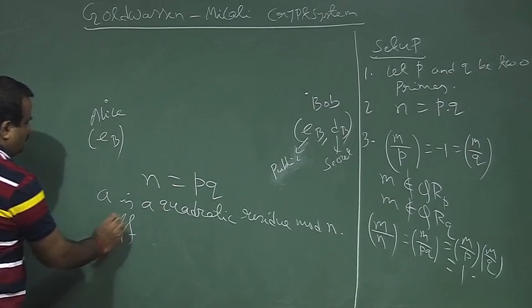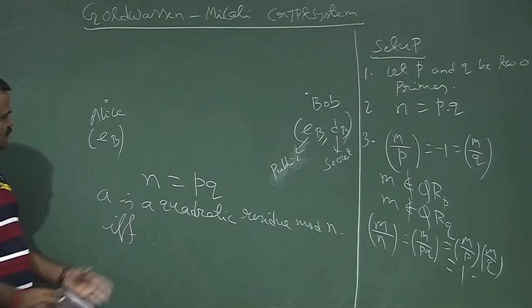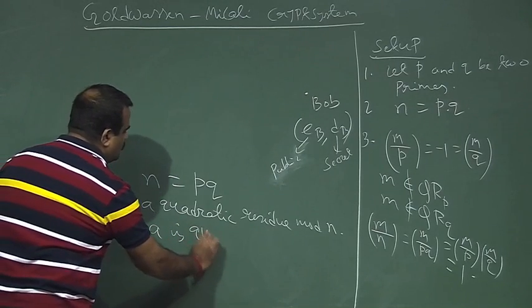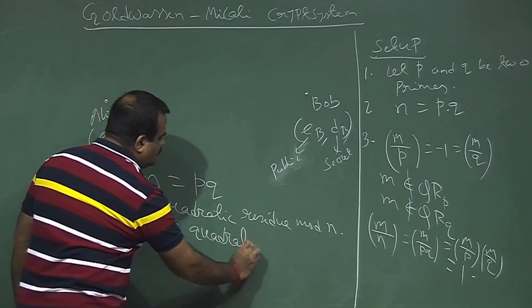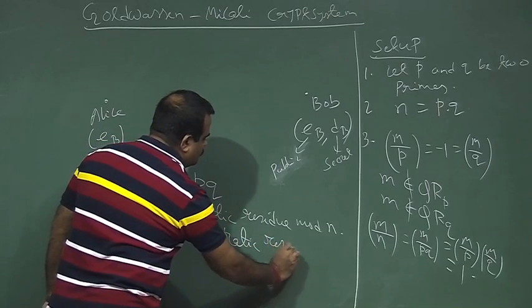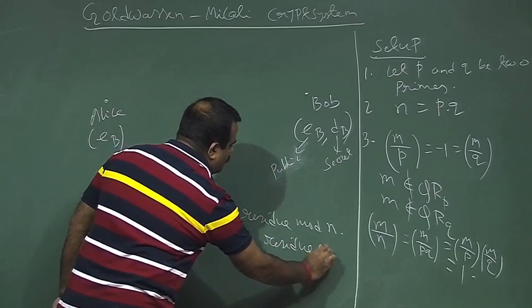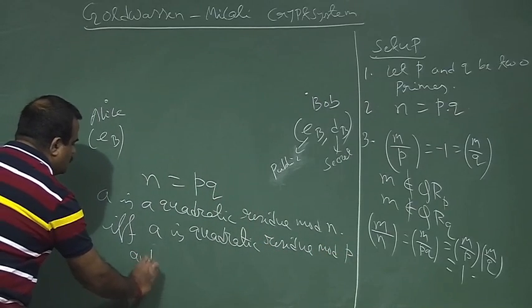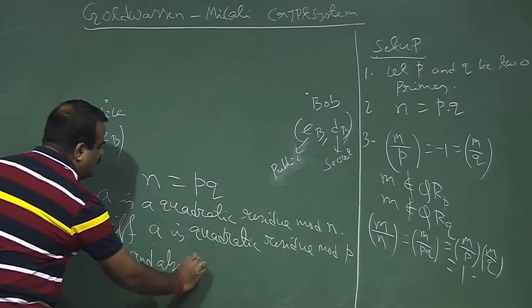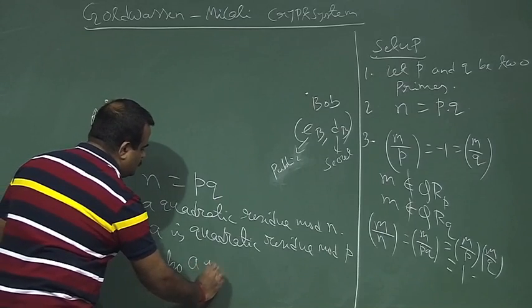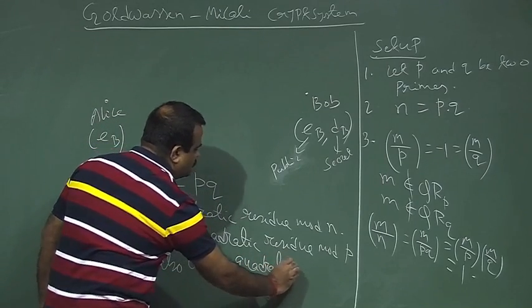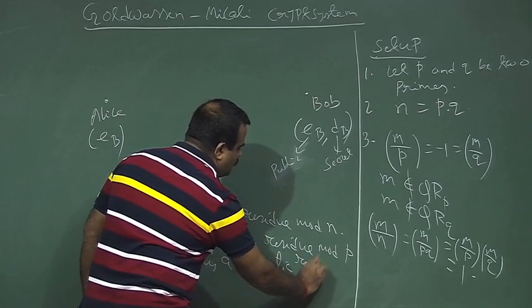This is the definition of quadratic residue for a composite number. That is, if and only if a is a quadratic residue mod p and also a is a quadratic residue mod q.